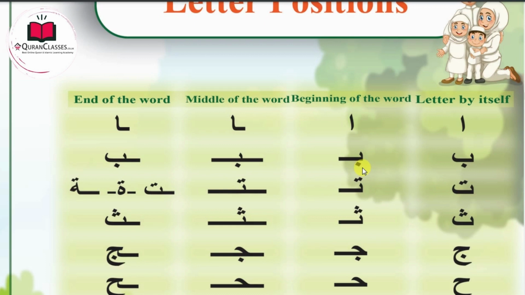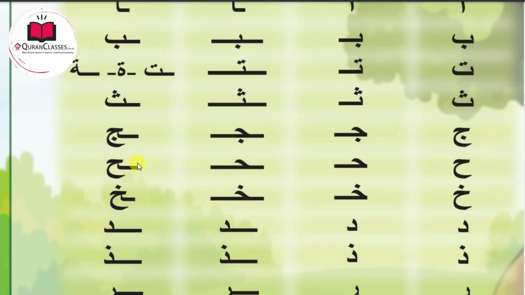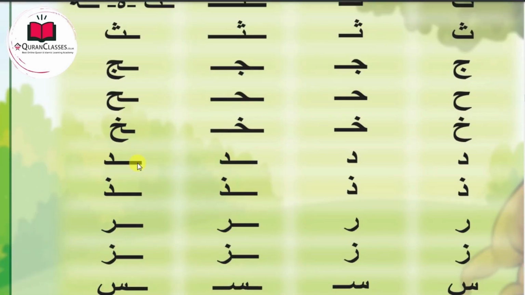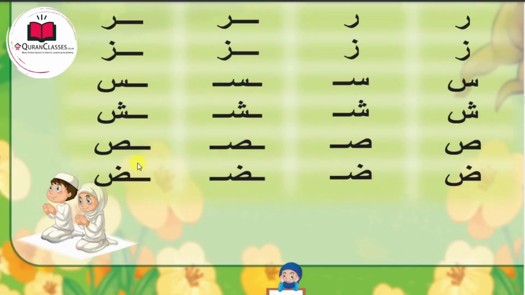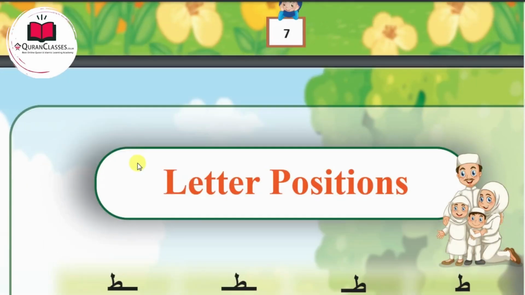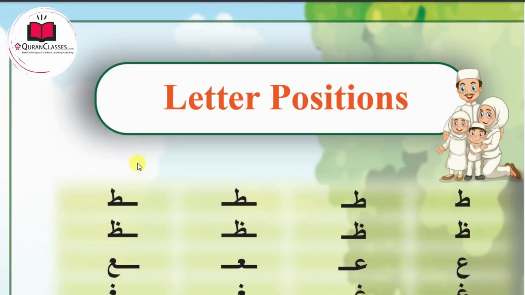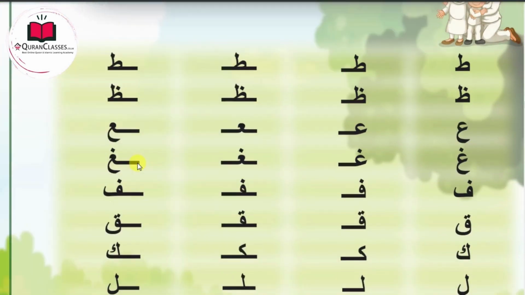So Ba looks like this, and we will show all of this practically in the next lessons when we read joined letters. At the end of the word, it looks like this. It's a basic thing we have to learn, and we're going to practice it. After that we have the lesson on letter position, which is also the same.